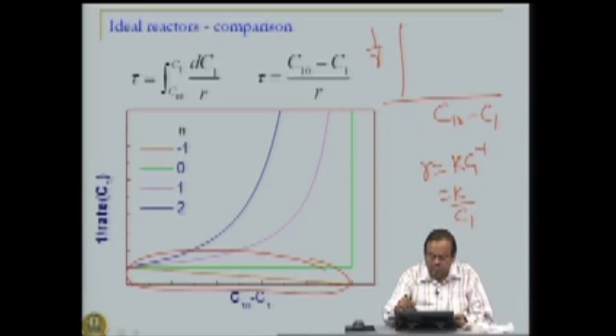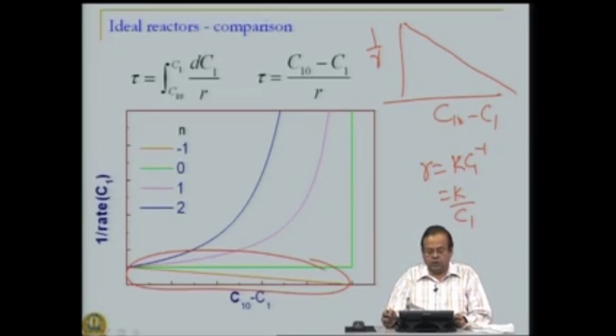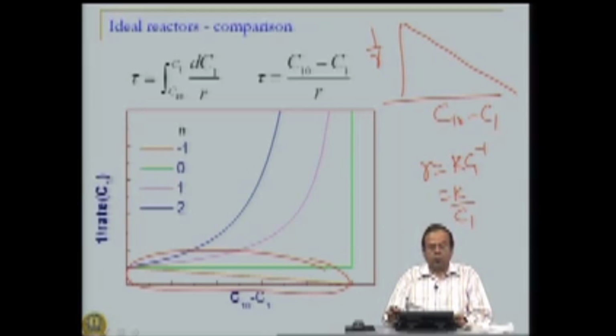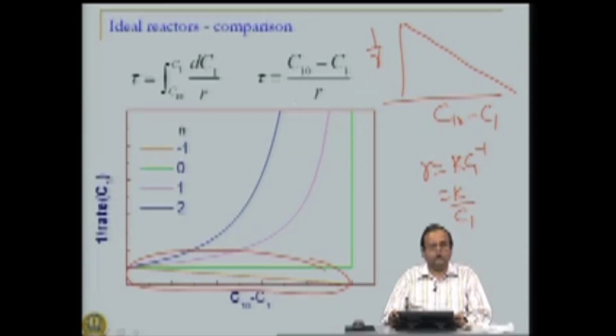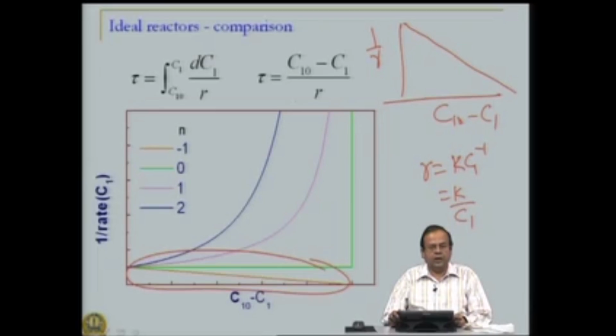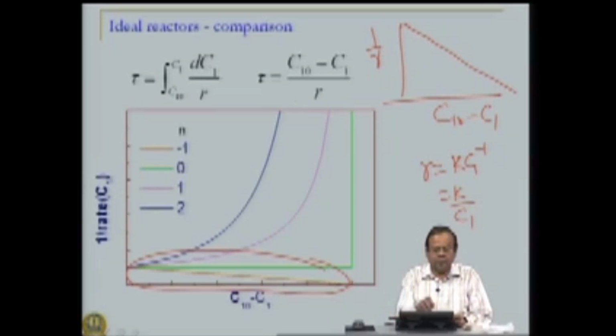For this, the plot of 1 over R looks something like this. Now, remember our design equations are the same, they do not depend on the kinetics of the process. The performance of the reactor depends on the kinetics of the process, but the reactor design equations per se are not dependent on the kinetics of the process. So, they are the same.